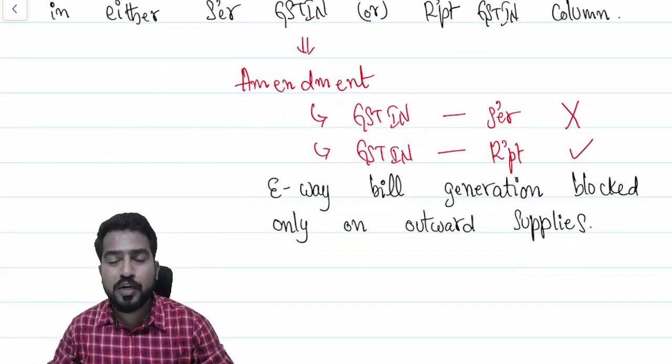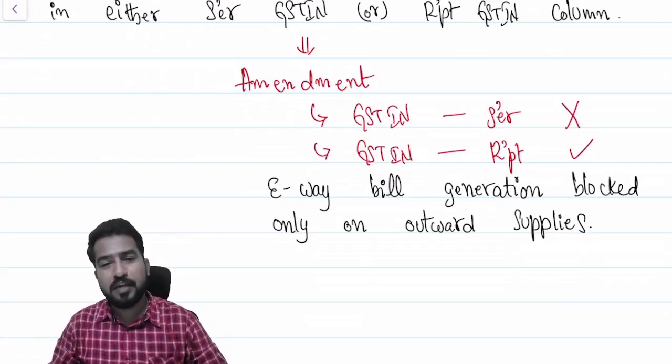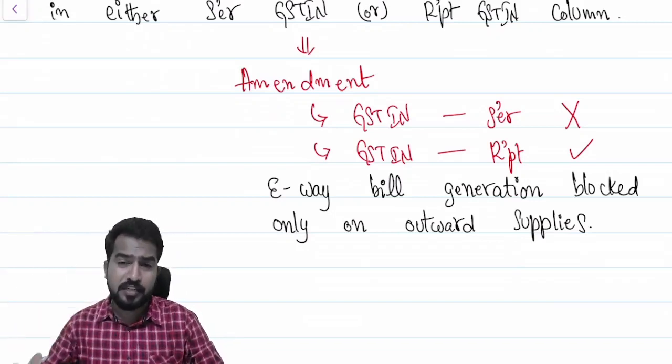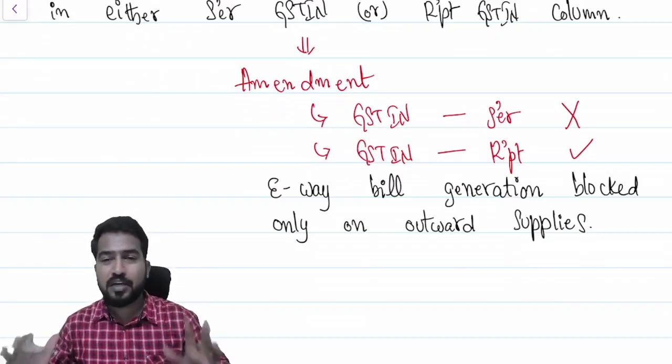On your inward supplies, your supplier can very much raise an e-way bill and transport his goods to you. That is what the amendment is.